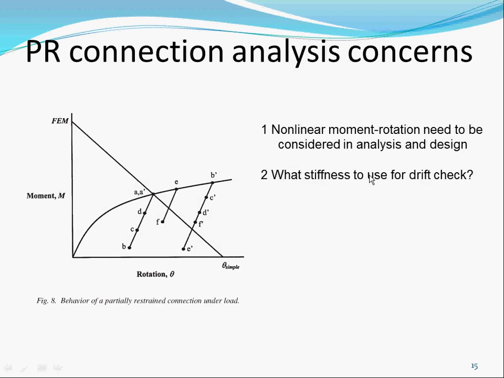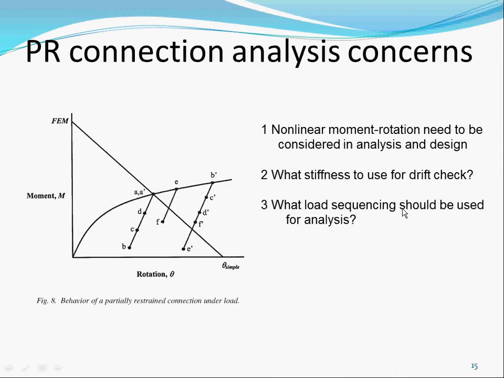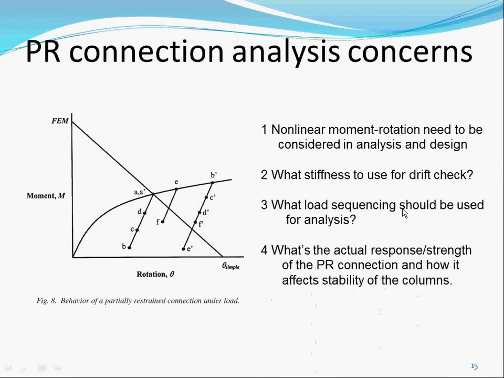What stiffness do you use for drift check? What load sequencing should be used for the analysis? What is the actual response and strength of the PR connection and how does it affect the stability of the columns? In the calculation right now, when you're doing K for the column, you assume that the beam is restraining it.